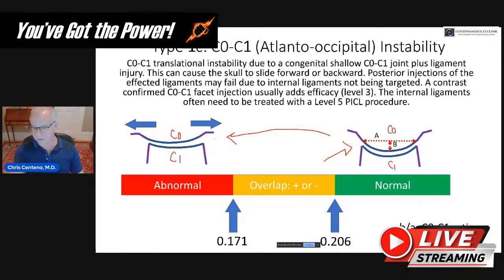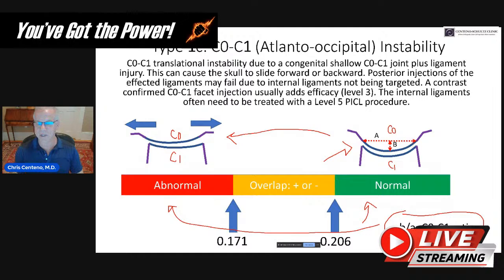And there's a way to figure this out. It's actually, this is how you figure out how deep all of that is here. And that maps to being abnormal if it's below 0.17 or normal if it's above 0.2.